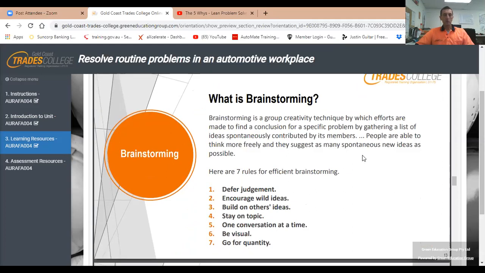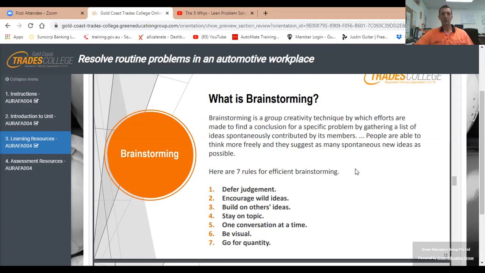So what is brainstorming? I think everybody's heard the term brainstorming. So what actually is brainstorming, and what are some rules for efficient brainstorming? Brainstorming is a group activity by which efforts are made to find a conclusion for a specific problem by gathering a list of ideas spontaneously contributed by its members.